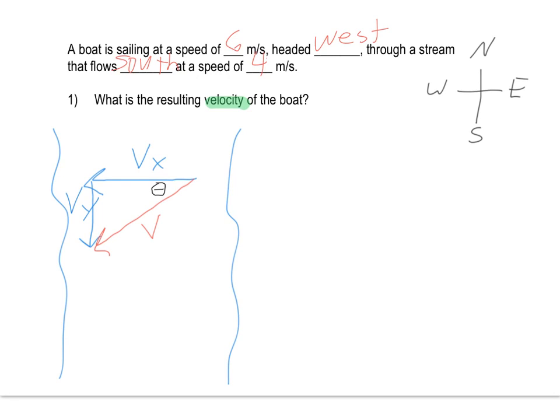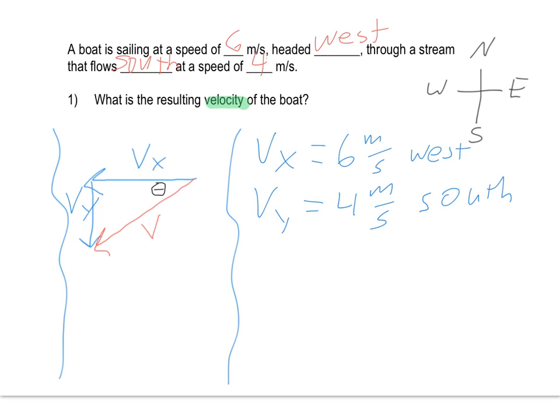So I'm going to recap. My horizontal velocity Vx, that's the 6 meters per second, and the boat goes west, which is why that's horizontal. My Vy, that's 4 meters per second, and that's to the south.